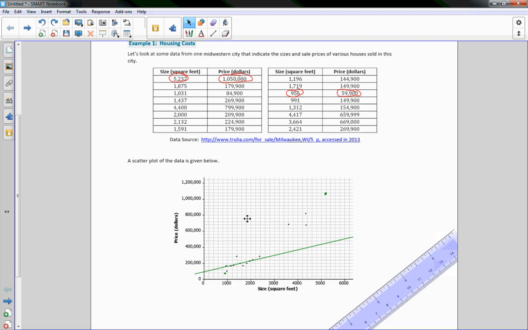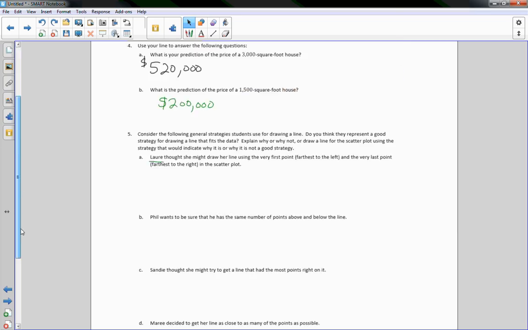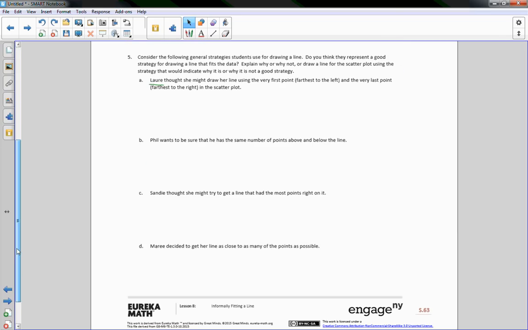And the more outliers we have, the less accurate our data is. So that would not be a good way to do it. And then finally, so I'll say no here.